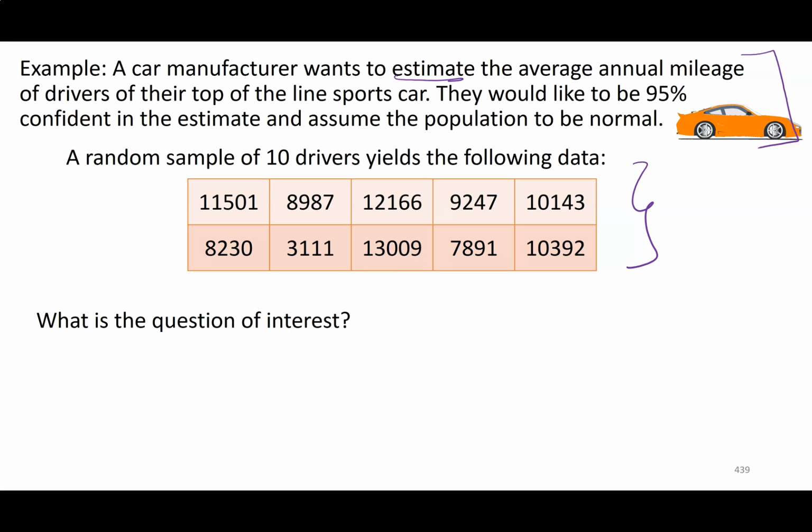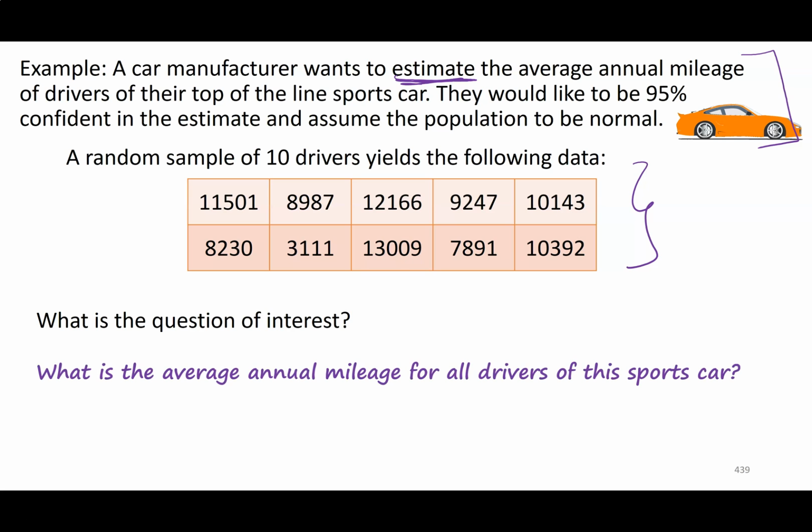Here, estimate tells me right away confidence interval. If I want to word this, I could say, what is the average annual mileage for everyone driving this car? It's probably in a particular year as well. Because it's a confidence interval, I want something that's open-ended. You wouldn't answer this question with a yes or no.